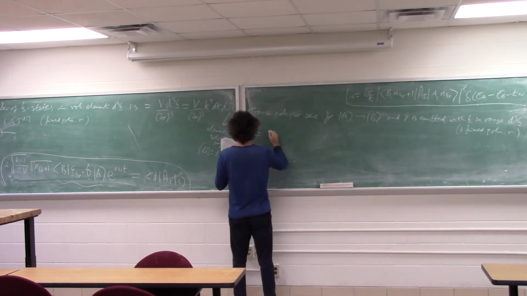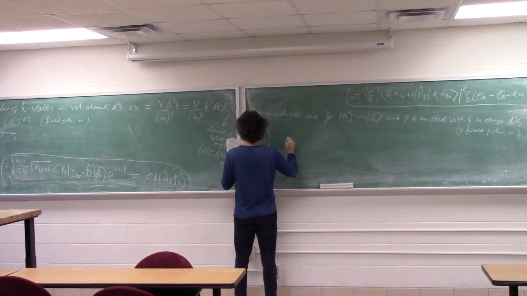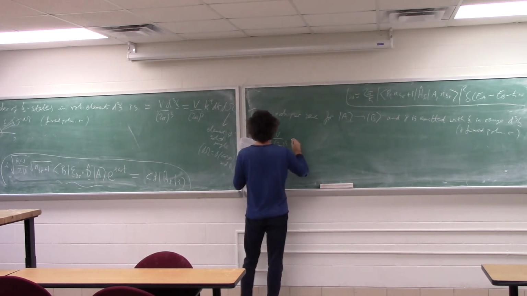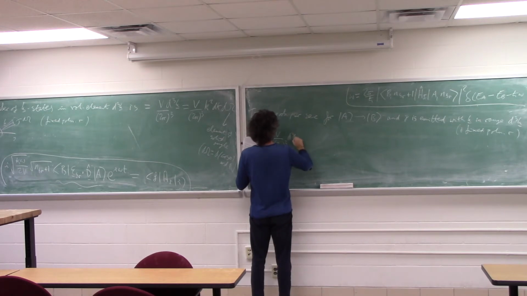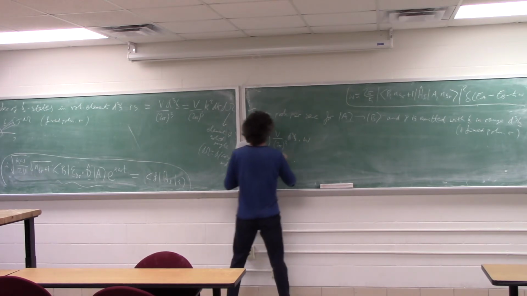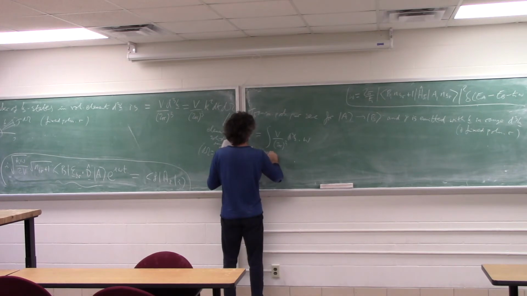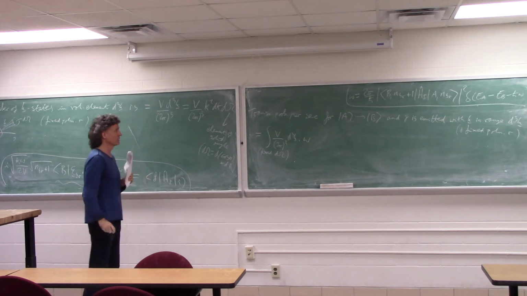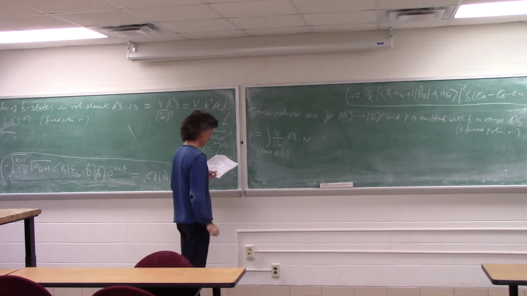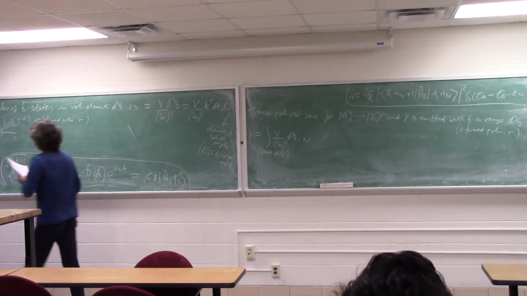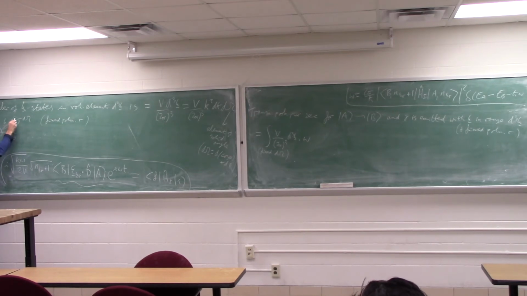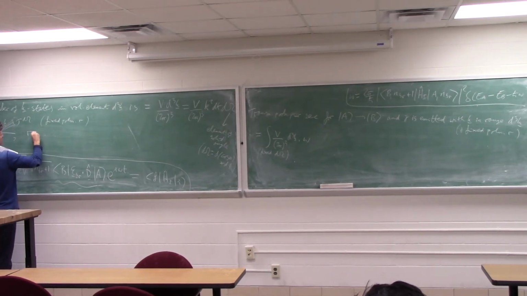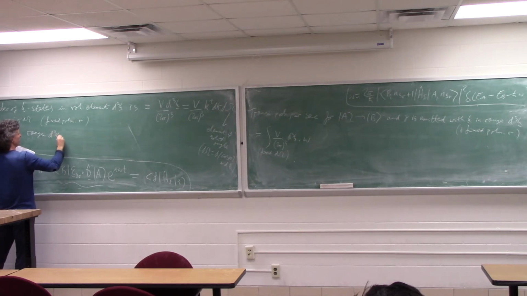It's given by the integral of V over 2 pi cubed d3k times W, with a fixed solid angle element. So we're looking at a range, and we want to integrate over this range. Let me just make sure to clarify this. The range d3k.